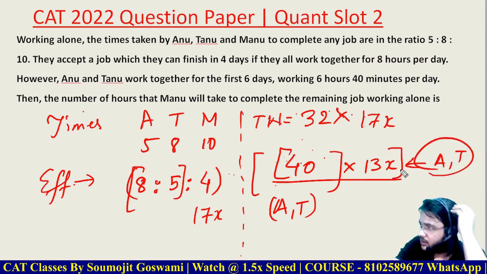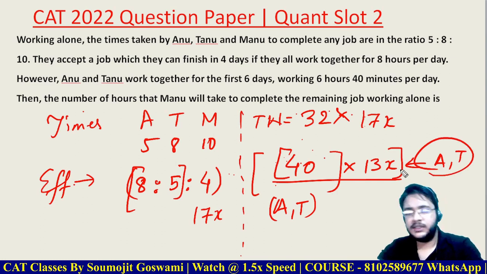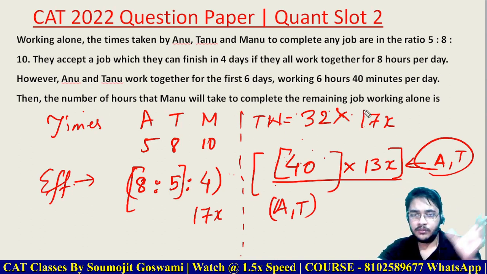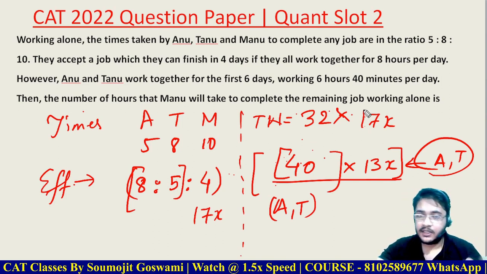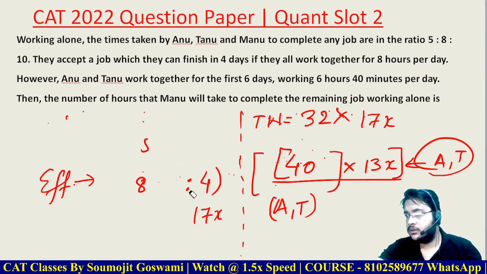This is what Anu and Tanu do. Now please understand, the question is asking for the number of hours that Manu will take to complete the remaining job. What is the remaining job? It is the total minus what Anu and Tanu have done in 6 days, working 6 hours 40 minutes with their efficiency. Let's do that over here.